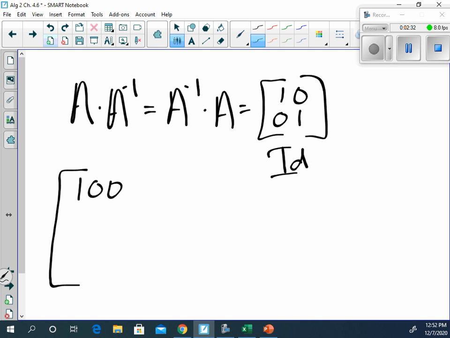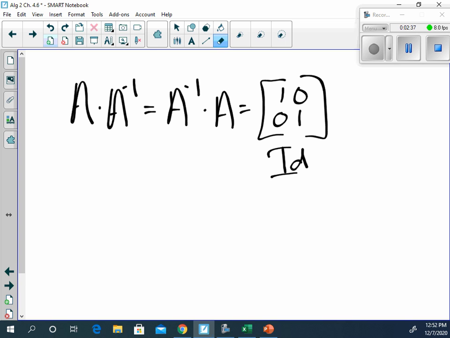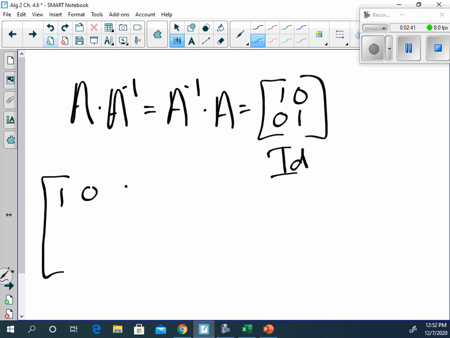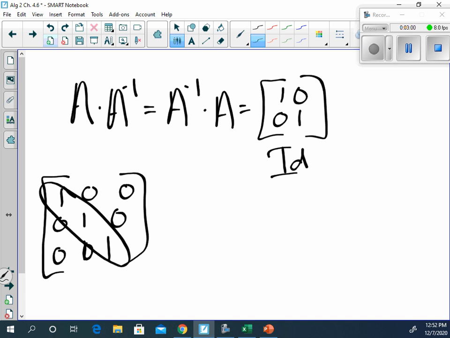Now we can actually have a 3 by 3 identity matrix, or a 4 by 4, or a 5 by 5. It doesn't really matter what the dimensions are as long as it is square and we have this diagonal of ones. So no matter what the size is, the identity matrix is going to be this matrix that is all zeros except for a diagonal of ones, like this here.